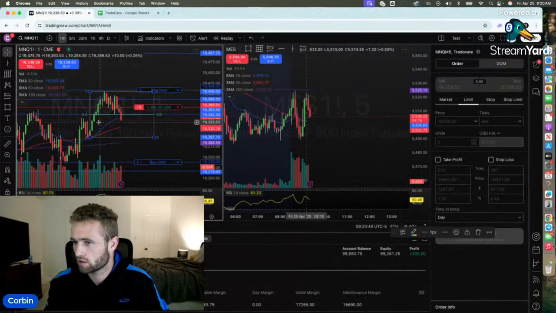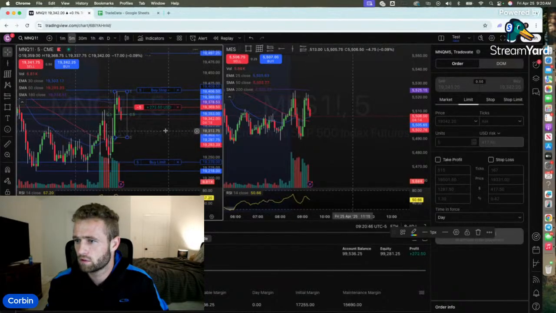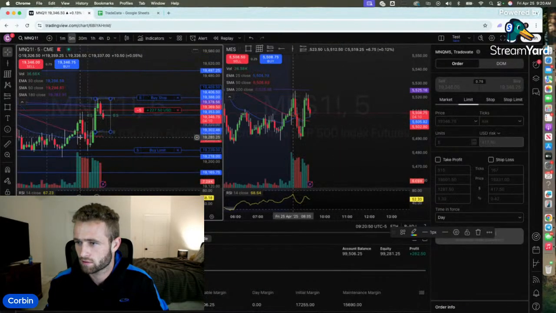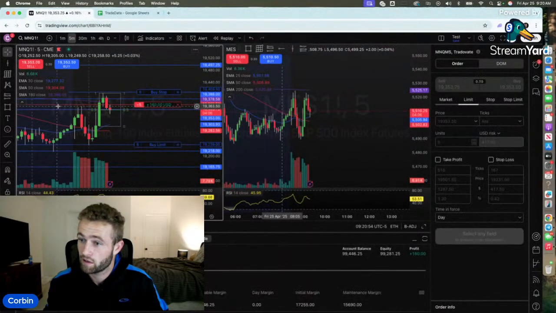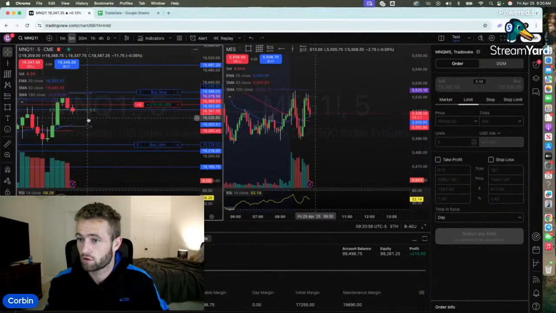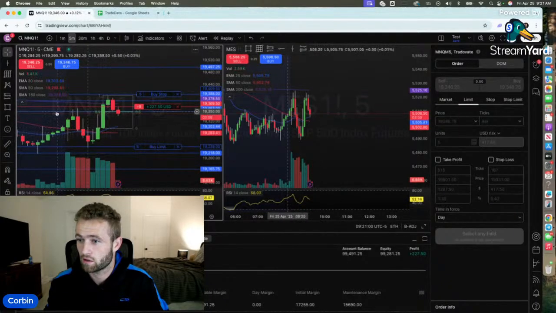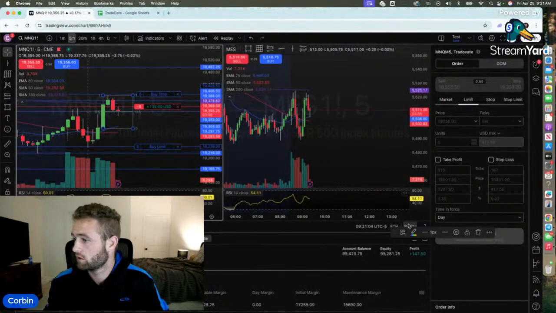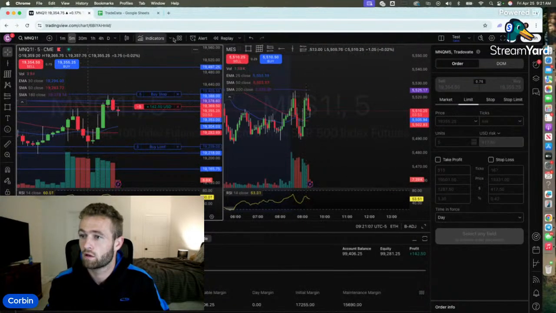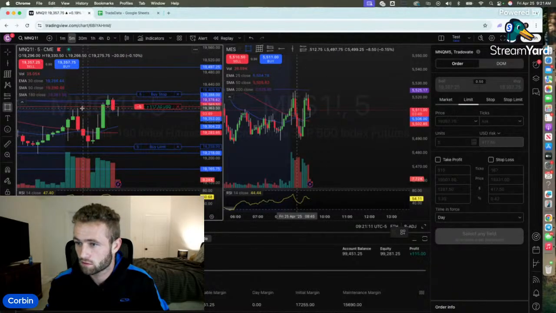And it looks like, did we form a fair value gap? Not yet. No fair value gap being formed. Inverse fair value gap could be getting filled right here. And that would be a good, what's it called?